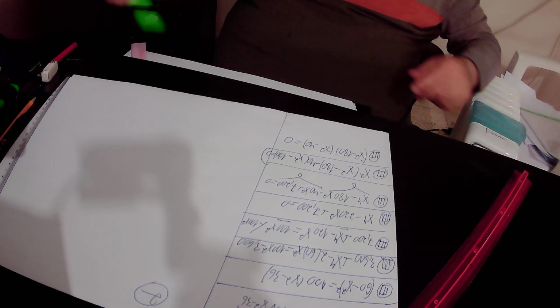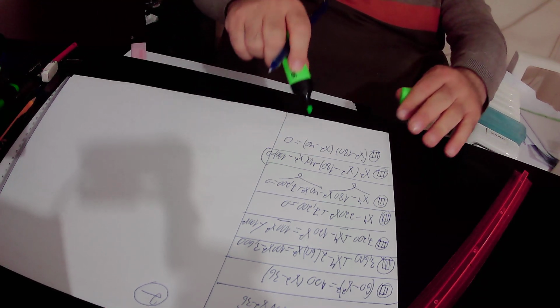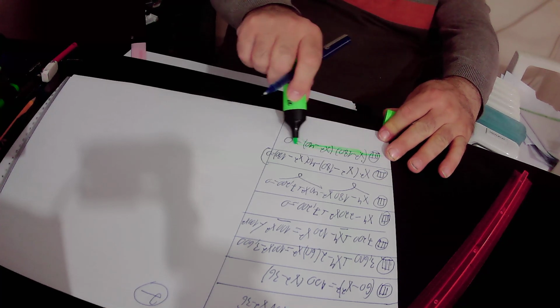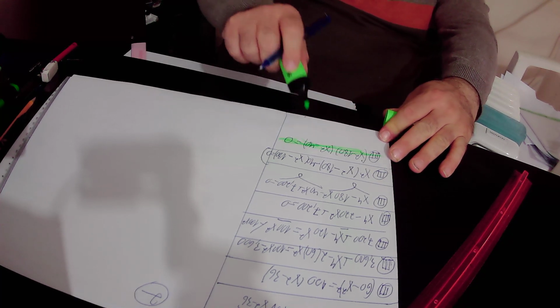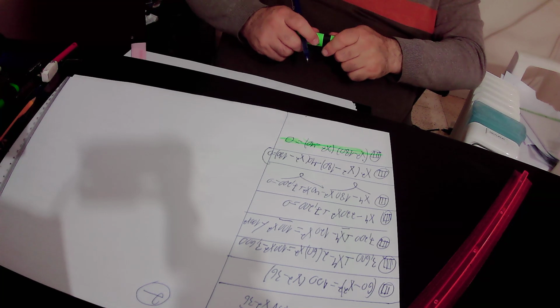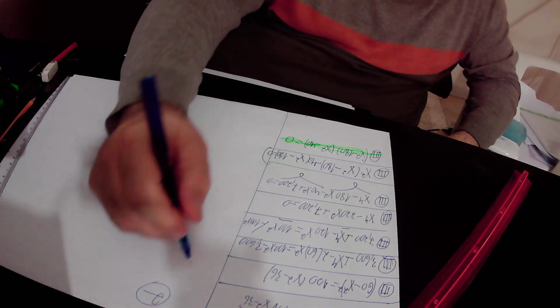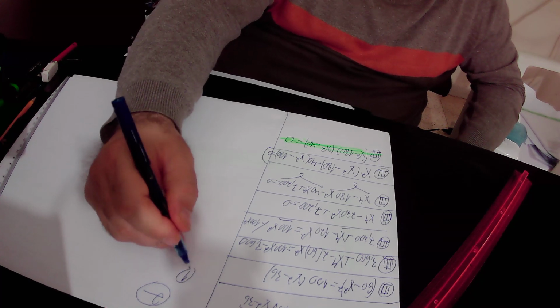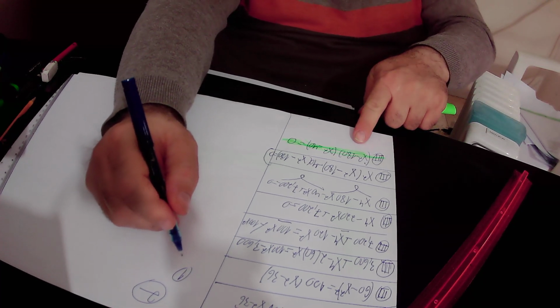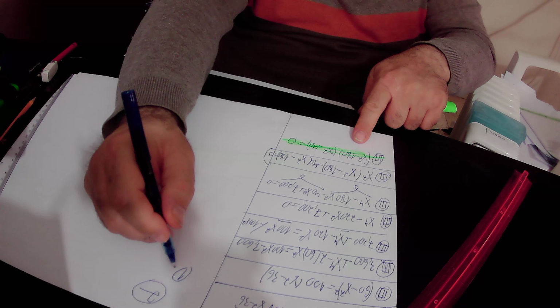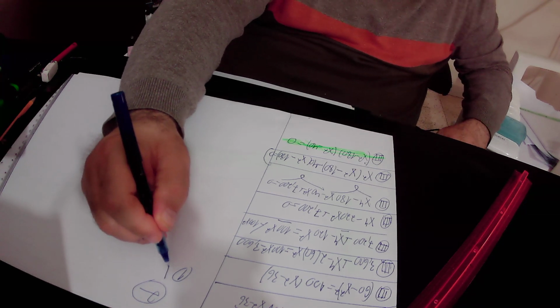So here we have this equation number 3, and from this equation we will have two solutions that are possible for x. The first solution for x is that x squared minus 180 equals 0.